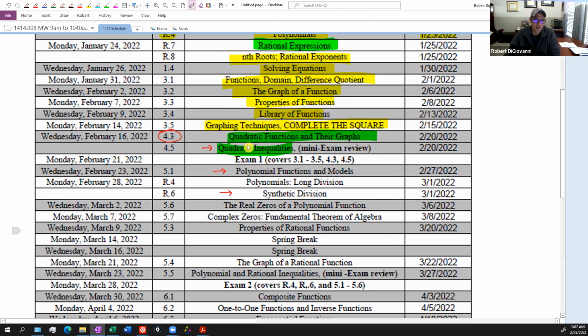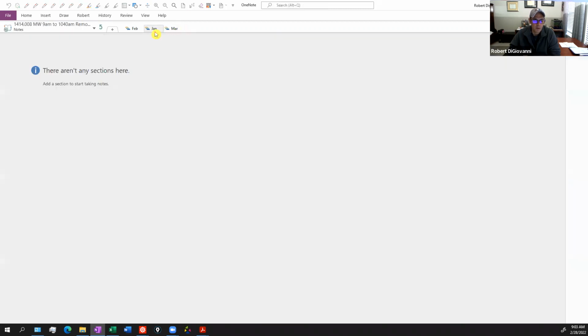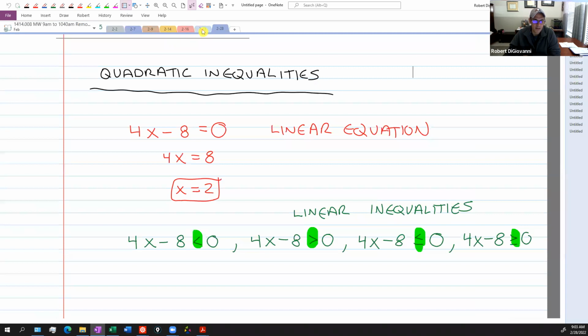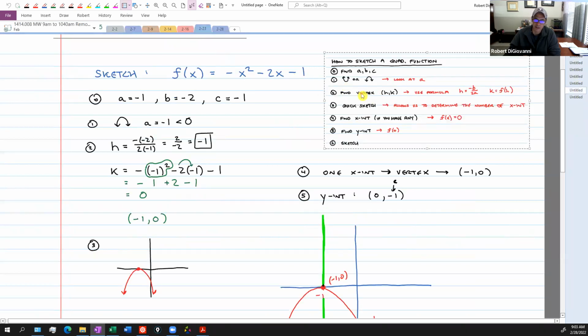Any questions over the quadratic functions? Everything's okay? What we had talked about last time with quadratic functions was basically this set of steps on how to graph a quadratic. And so on your exam, which is, let's see, when's that exam coming?